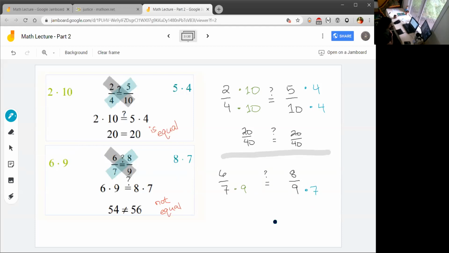Even if I don't know right away, that's 63. If I do something to the bottom, I have to do it to the top. So in this case, I get 54. Yeah, I'm sorry, I said 56. 9 times 7 is 63. And I'm reading on the other side instead of thinking clearly. Okay.